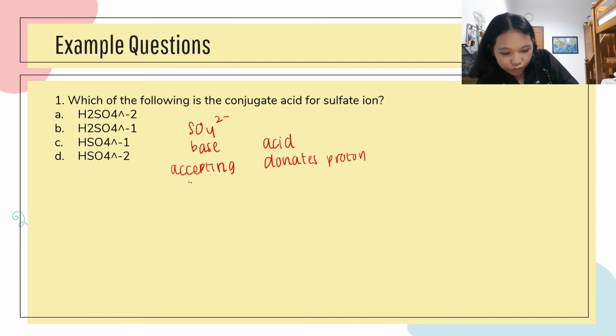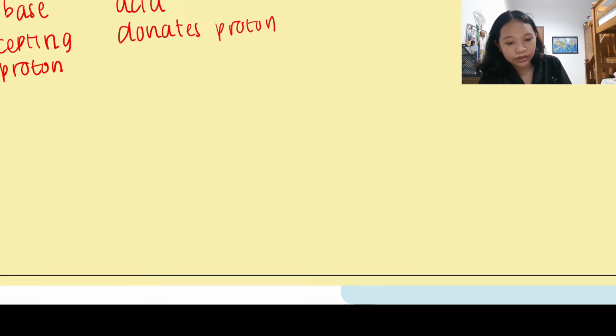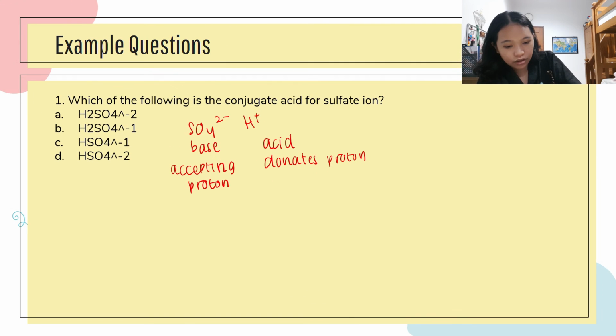Accepting proton. Okay, so that means the acid one must have more proton. So we add H plus because H plus serves as the proton. So HSO4, and because -2, so we have 2 electrons plus one proton.